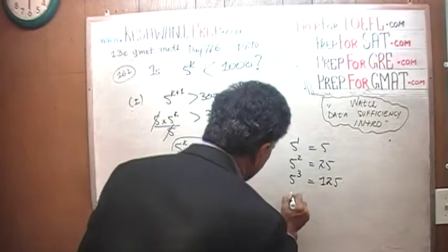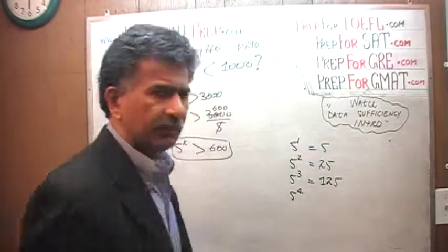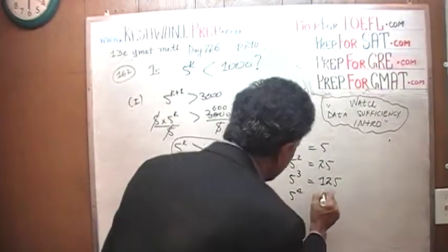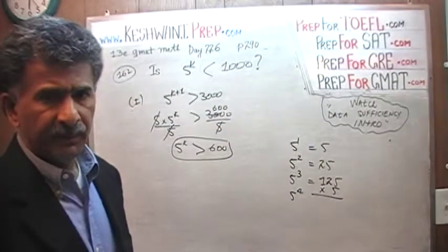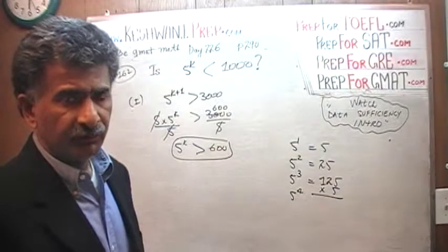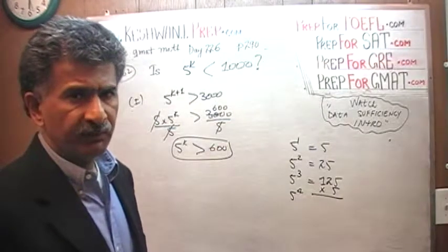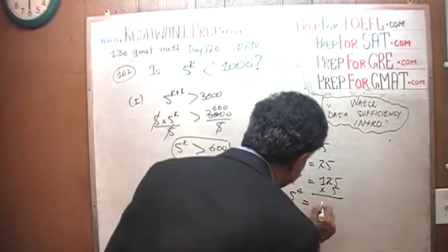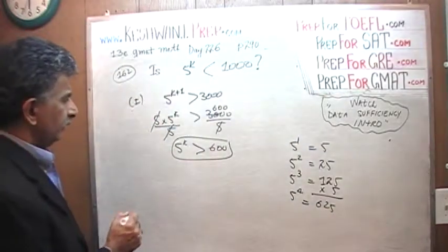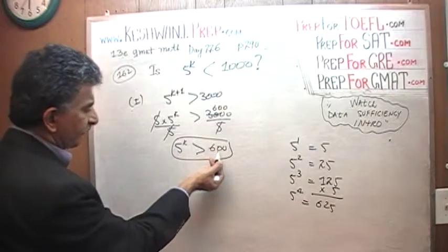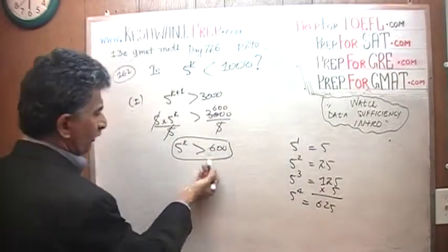So far so good. And 5 raised to 4 would be 5 times that amount, which is 5 times 100 is 500, and 5 times 25 is 125, so 125 plus 500 is 625. We do not know if this quantity is greater than 625. We do know that it is more than 600.